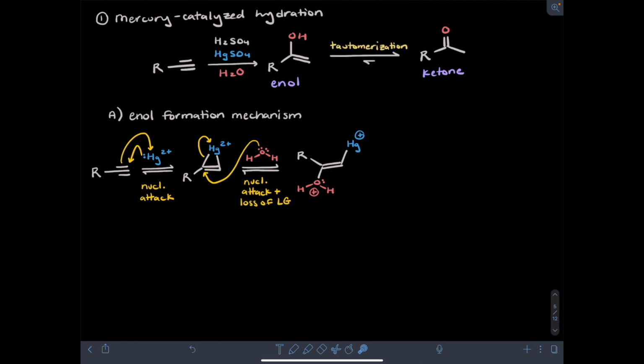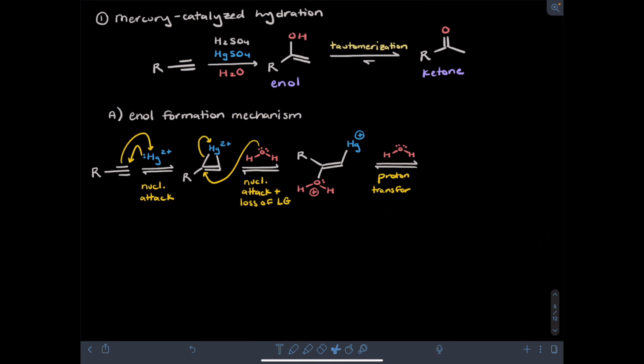After this step, I have a new carbon-oxygen bond. Oxygen is cationic because it has three bonds, and the mercury has lost its bond to the more substituted carbon and is now only attached to the less substituted carbon of what was originally the alkyne. The carbon-carbon double bond remains in the molecule.